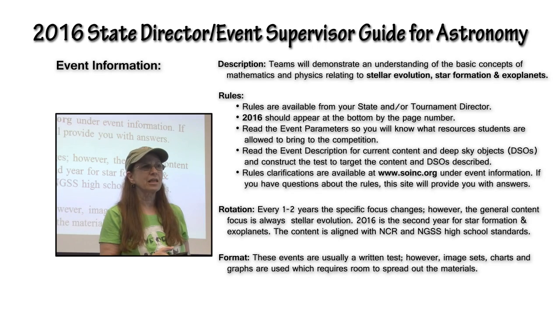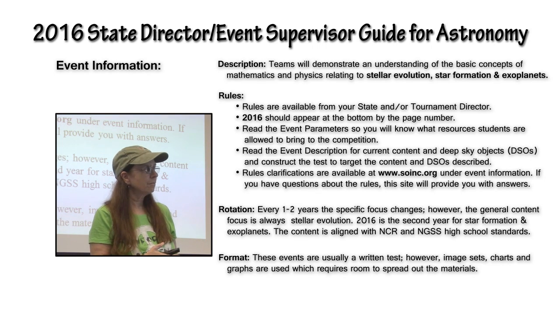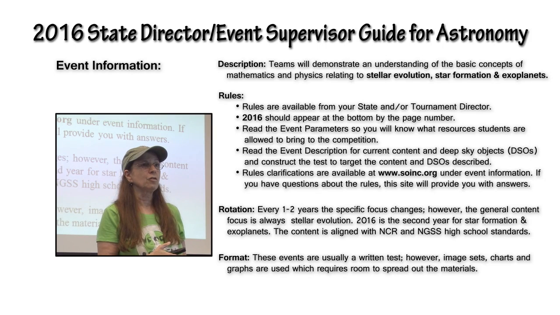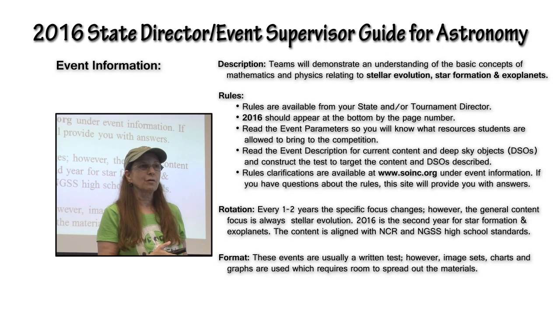Now in this particular event, astronomy, the content focus is always stellar evolution. So we rotate the specific focus of the event every year. Every year, it's either a 1 year or a 2 year rotation. Sometimes it is stellar evolution and type 1a supernova events, stellar evolution and type 2 supernova events, stellar evolution of variable stars.